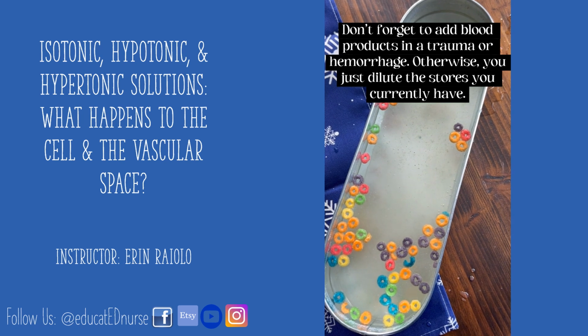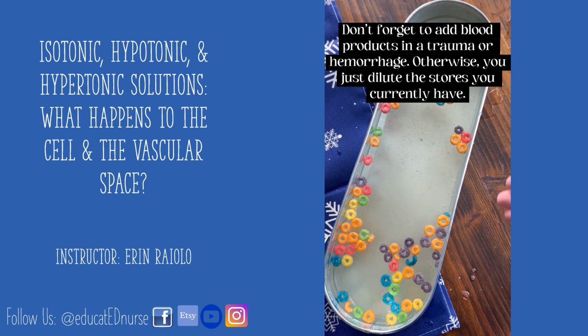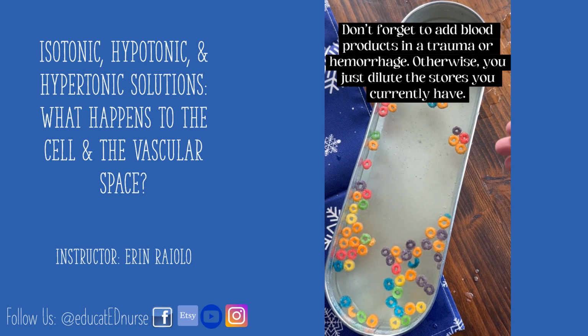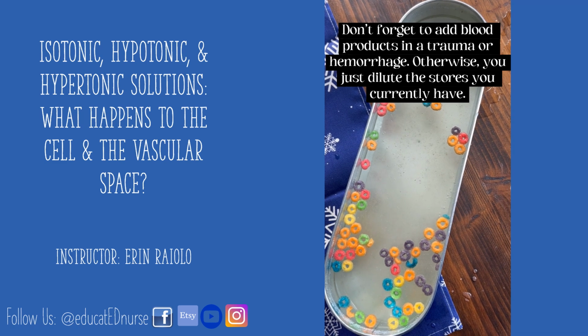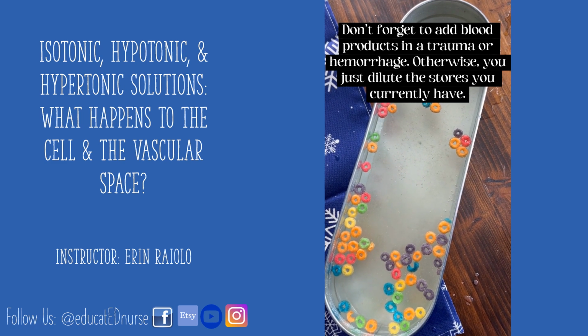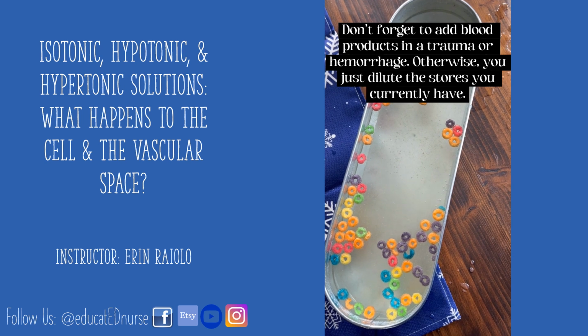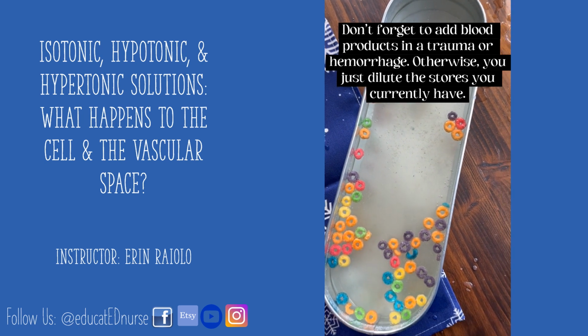Yes, these patients probably need some volume as well, especially if they're symptomatic, especially if they're hypotensive and tachycardic. But if you're thinking about getting their volume level up, as well as considering an isotonic solution, you should also think about replacing their red blood cells, white blood cells, platelets too.